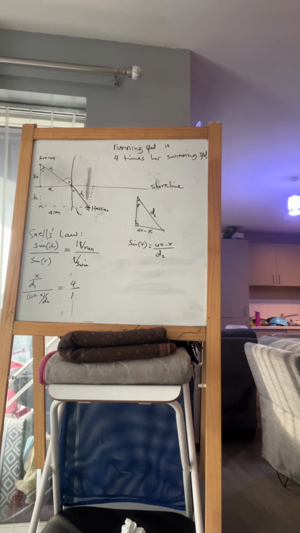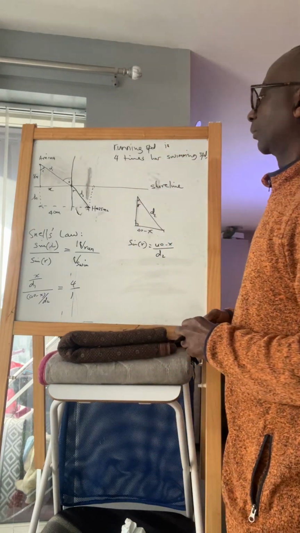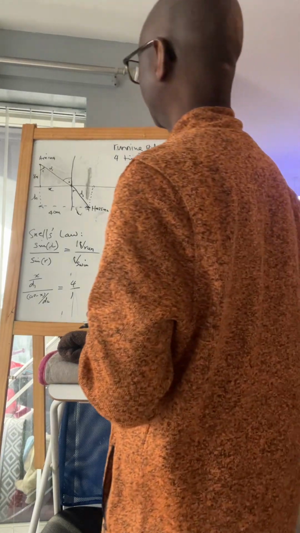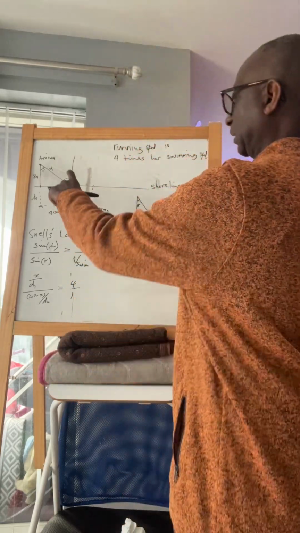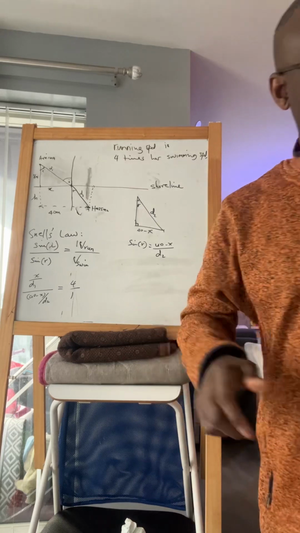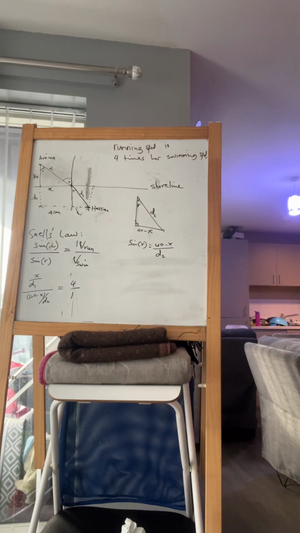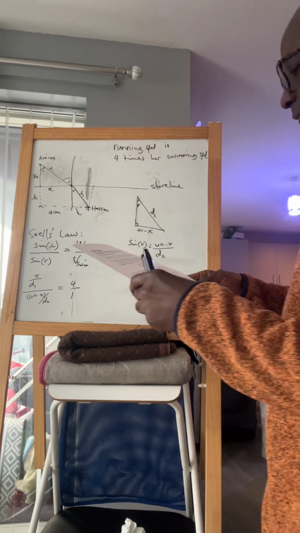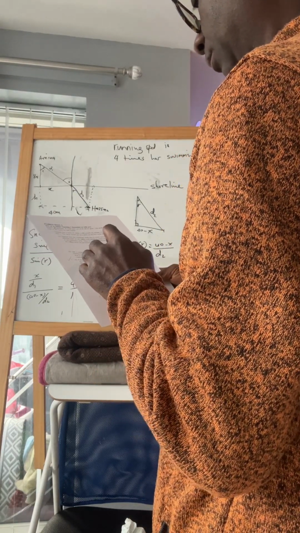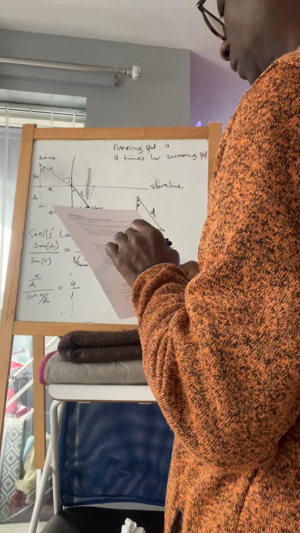Okay? Problem is solved. So we are assuming that D1 is equal to D2, because the question says she sees a swimmer 40 meters further along.